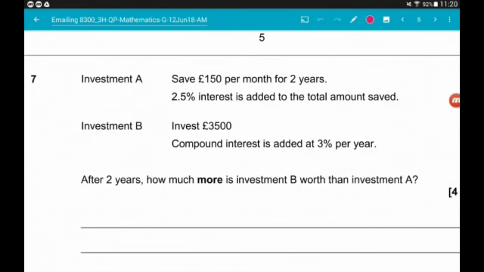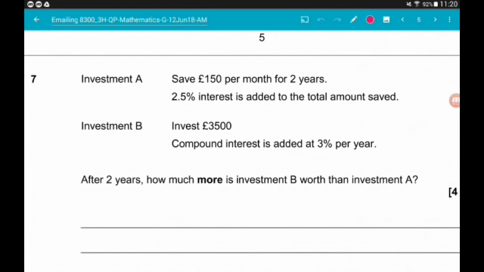Good times. In 7 we got some percentage increase, so I'll put my percentage increase and decrease playlist down below. So we got these two investments. Investment A, we're going to save £150 per month for 2 years, and then 2.5% interest is added to the total amount.